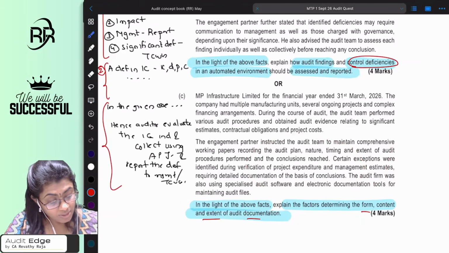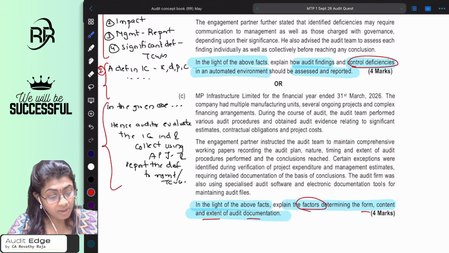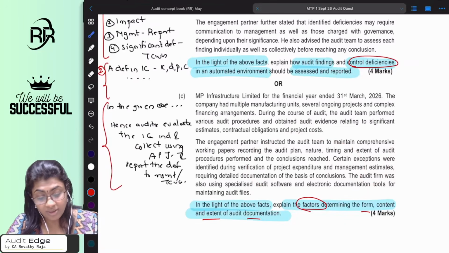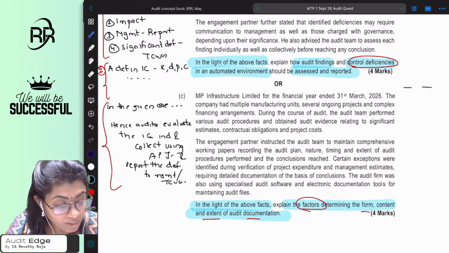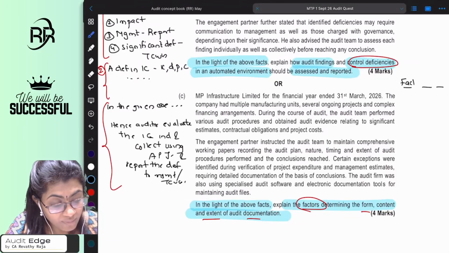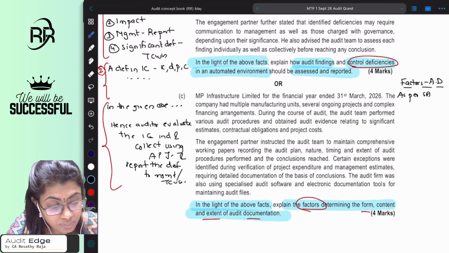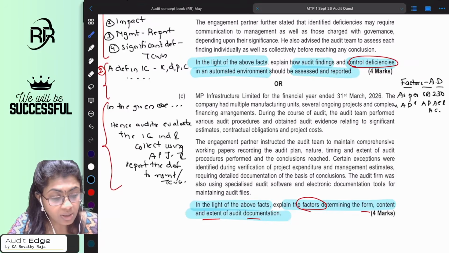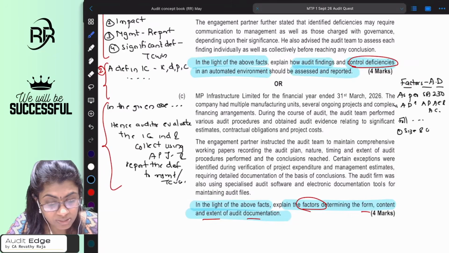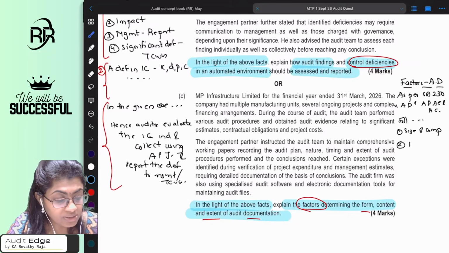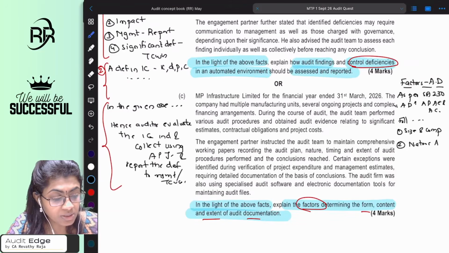See, they have asked what are the factors in determining the form, content, and extent of documentation. There are 7 factors, guys. So I'll say, put the heading: factors affecting audit documentation. As per SA 230, audit documentation is a record of audit procedures, audit evidence, and audit conclusions. Following are the factors. First, size and complexity of entity. Second, nature of audit procedures performed.